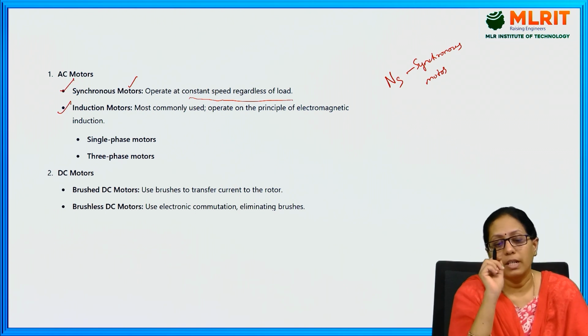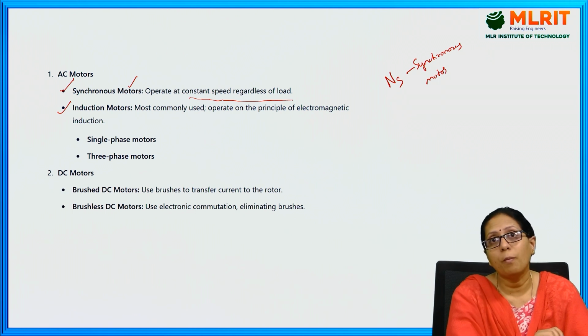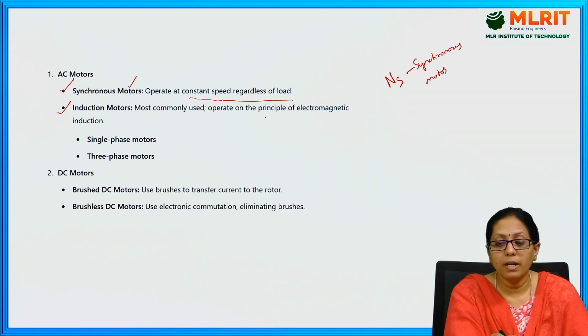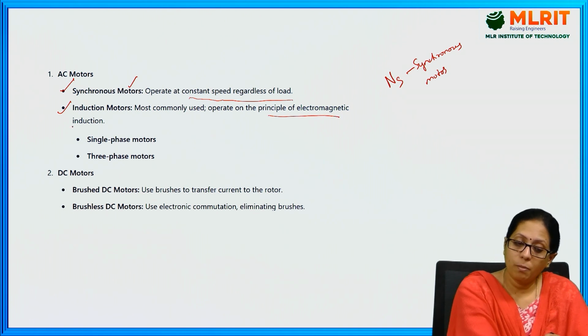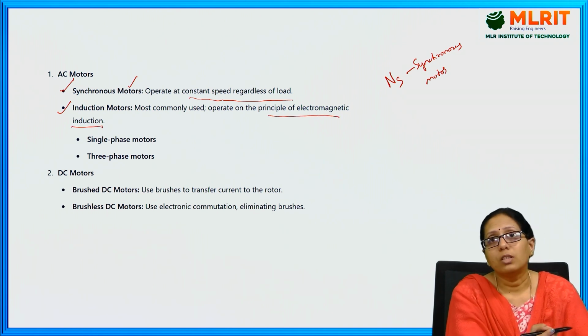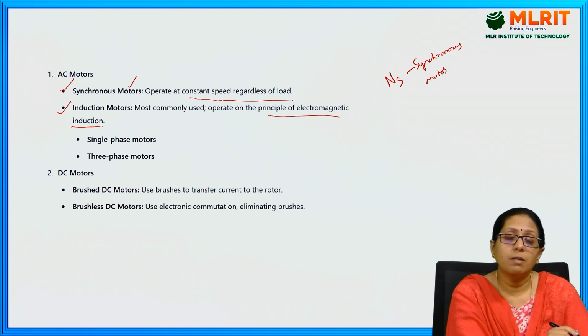Induction motor is mostly used to operate with variable speed. That is, it operates on the principle of electromagnetic induction. Both the DC motors as well as AC motors work on Faraday's law of electromagnetic induction, but the synchronous motor works with a constant speed and the induction motor with a variable speed.